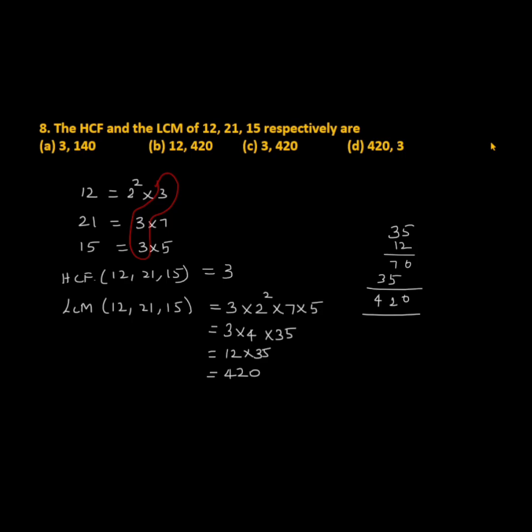Now look at the options. Option A, 3 and 140, that will not come. 12 and 420 also will not come. Option C, 3 and 420 is there. Option D, 420 and 3 is there. So which one can we choose here? They are giving the HCF and LCM of these respectively, which means the first number should give the HCF of these three numbers, and the second number should give the value for the LCM.